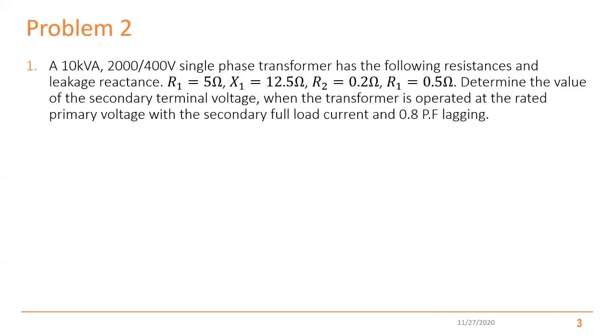A 10 kVA 2000 to 400 volt single phase transformer has the following resistances and leakage reactance. R1 is 5 ohm, X1 is 12.5 ohm, R2 is 0.2 ohm, X2 is 0.5 ohm. Determine the value of the secondary terminal voltage when the transformer is operated at the rated primary voltage with the secondary full load current and 0.8 power factor lagging.